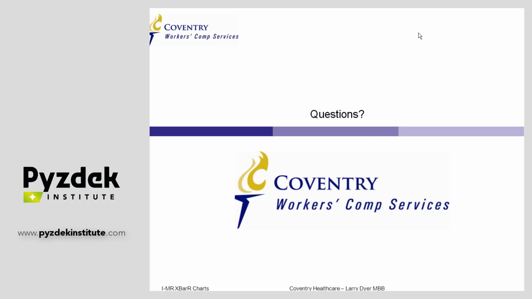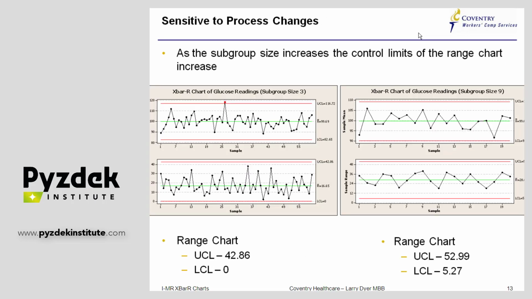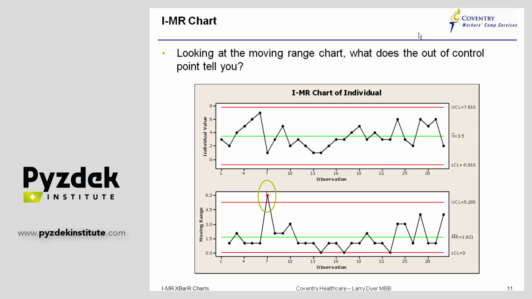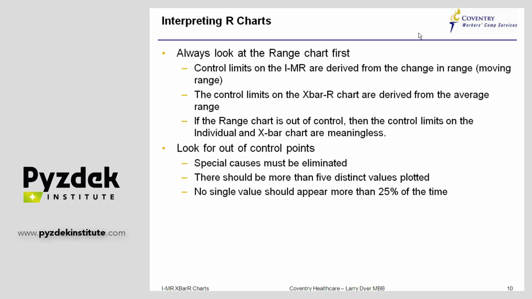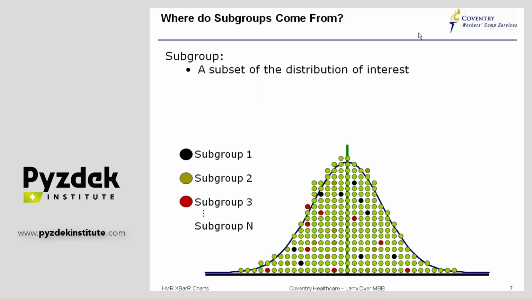I'd like to make a comment on way back at the beginning of your presentation. You had a chart that I know came out of the Six Sigma handbook and showed how to select a control chart.